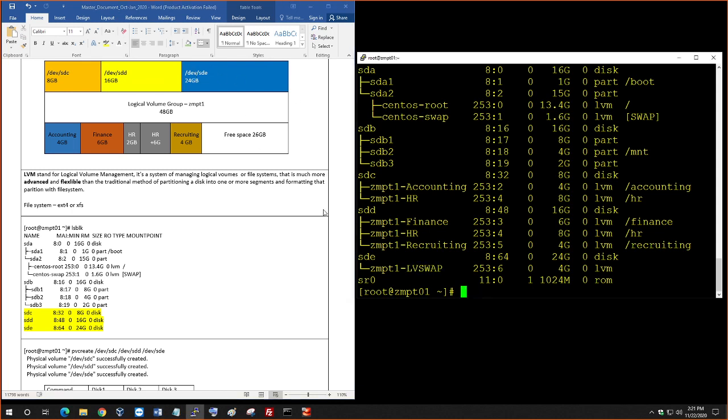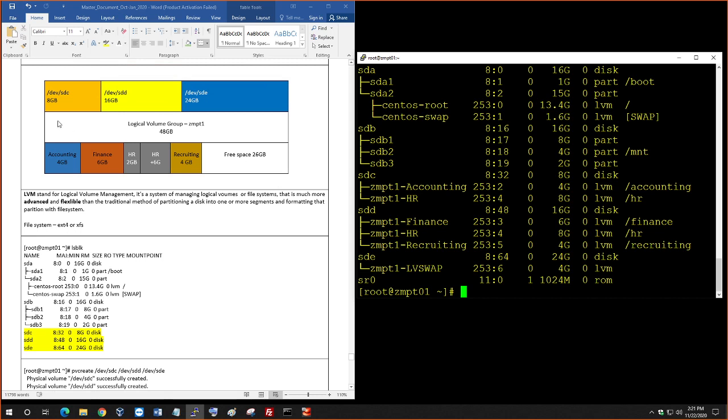We should have SDE; SDC, D and E are part of LVM. Now all of a sudden one of these drives fails, and I'm going to add another drive there. I think the drive is already here.